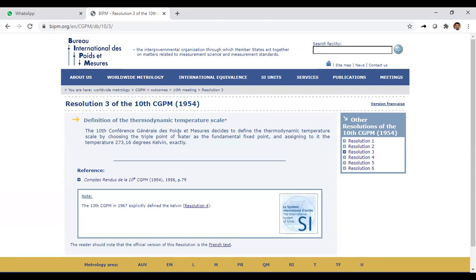Conférence Générale des Poids et Mesures. It has decided that from now onwards, the thermodynamic temperature scale is defined by choosing the triple point of water as the fundamental fixed point and assigning it a temperature of 273.16 degree Kelvin exactly.